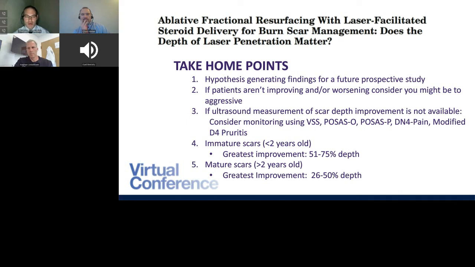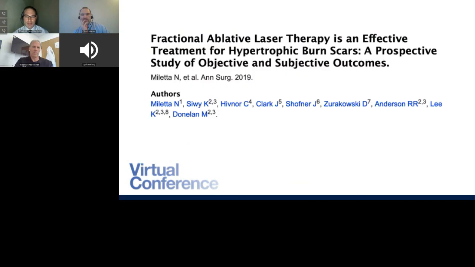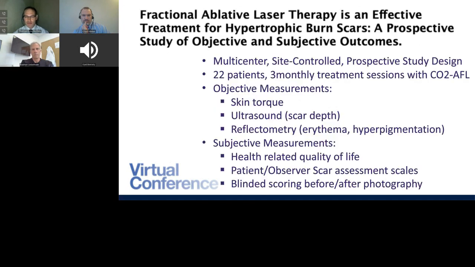So moving on, this article, and you may recognize some of the authors here, Dr. Hibner, Dr. Donlin speaking here today: Fractional ablative laser therapy is an effective treatment for hypertrophic burn scars, a prospective study of objective and subjective outcomes. This was published just recently in 2019. What they looked at was a multi-center site-controlled prospective study.